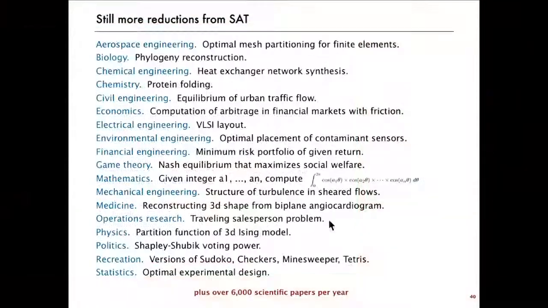And these are important problems in all fields of human endeavor. So for example, the so-called protein folding problem, in biochemistry, where people are trying to understand what's going on in living organisms, has been reduced from SAT.